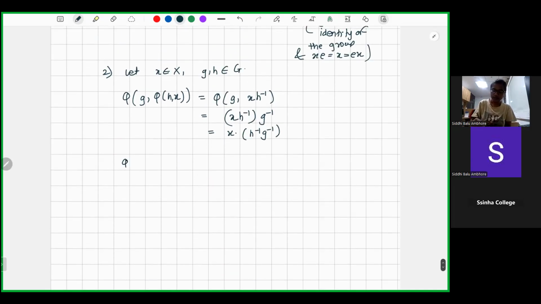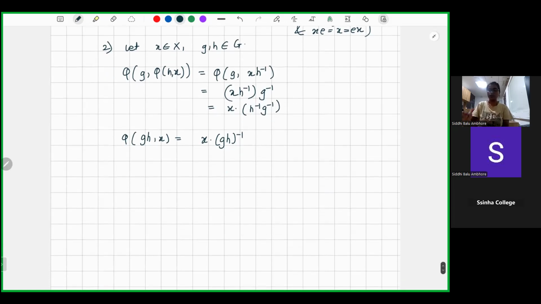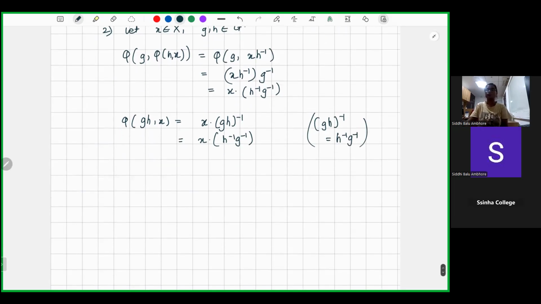And now I need to check what is phi of GH comma X. It is X into GH whole inverse. And we know that it is H inverse G inverse. I hope you all know this: GH inverse is H inverse G inverse. Check if you don't know.